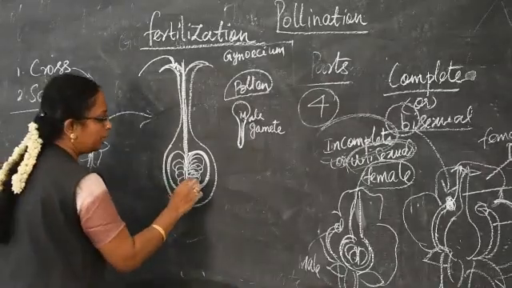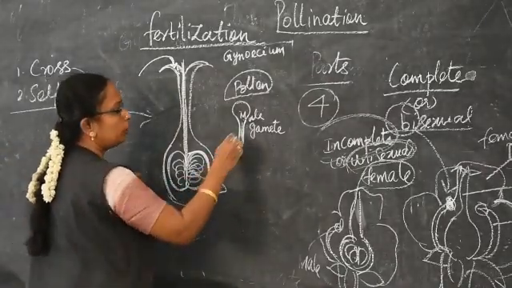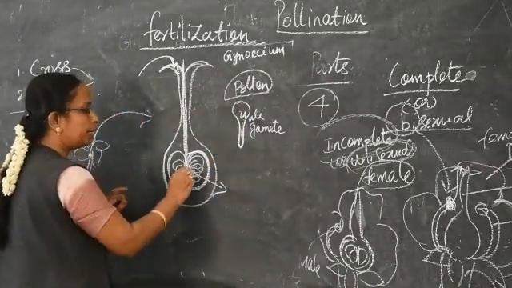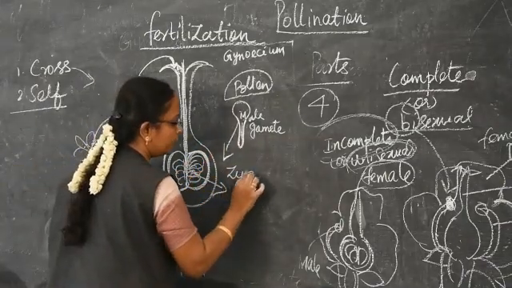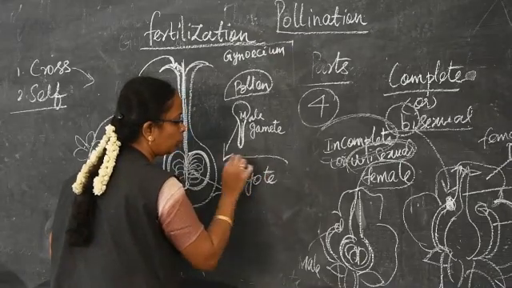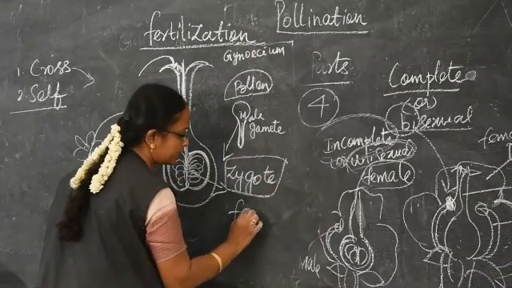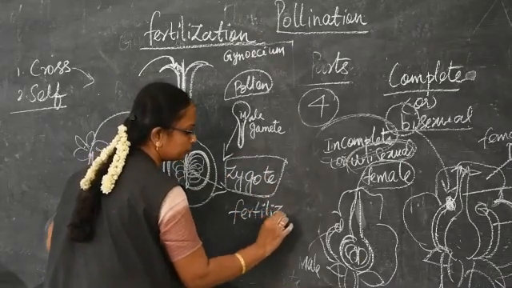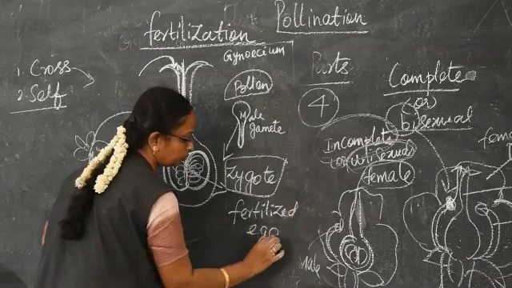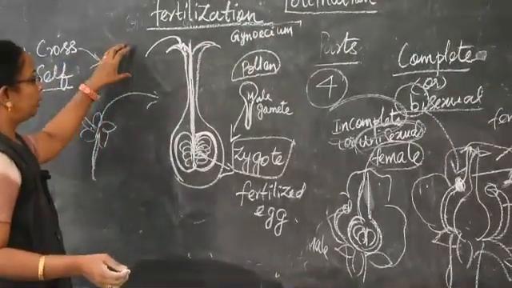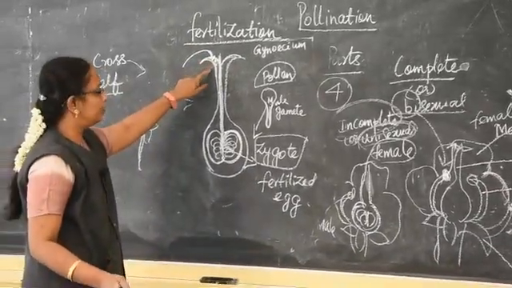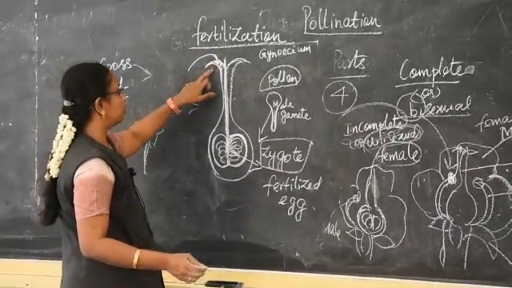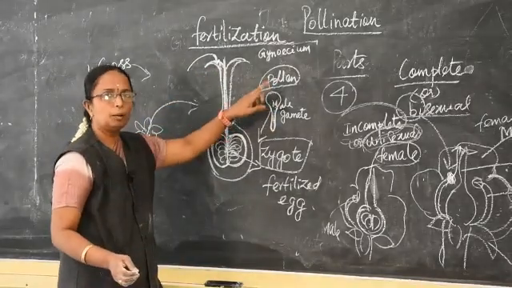There, the female gamete is present. So the male gamete comes and fuses with the female gamete. What does it form? It forms the zygote, or the fertilized egg. So when the pollen grains fall on the surface of the stigma, the stigma helps the development of the pollen grain.